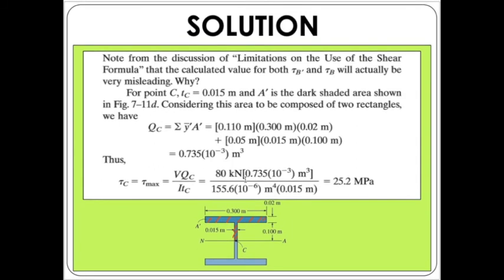However, for the calculation of tau maximum, the value has changed to 0.735, so the difference is here. As for the t C value, which is the thickness or width of the section, it is 0.015. This is actually the web thickness, or the web width. So what really makes the difference is the Q value, not the t value. Therefore here we have 25.2 MPa.